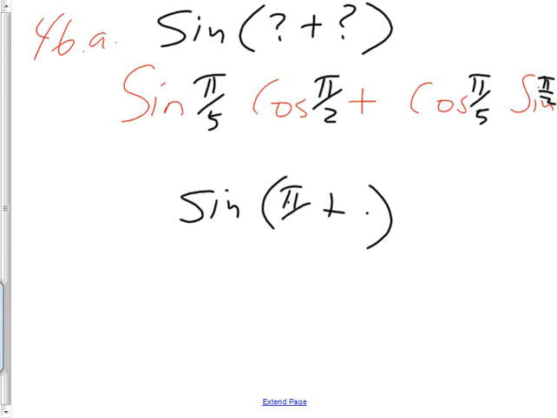Pi over 5. What's beta? Pi over 2. And then you'd have a common denominator problem. You can add those together as long as you can figure out a common denominator. I'd make it into tenths, and then you'll have pi over something, and the answer will be in tenths. Change them both to have a common denominator of tenths. I think from there you should be able to handle it.